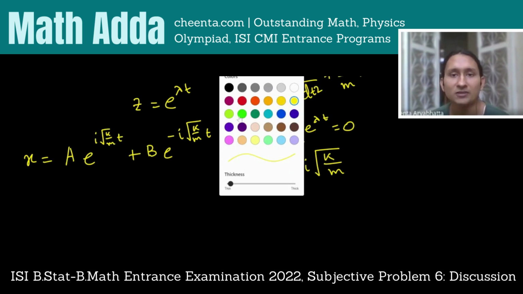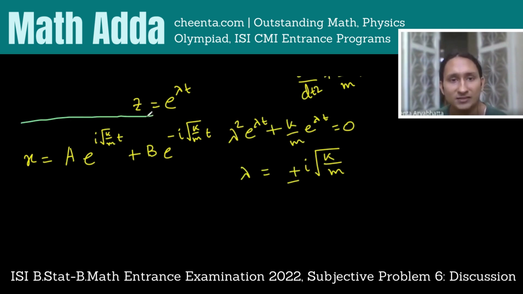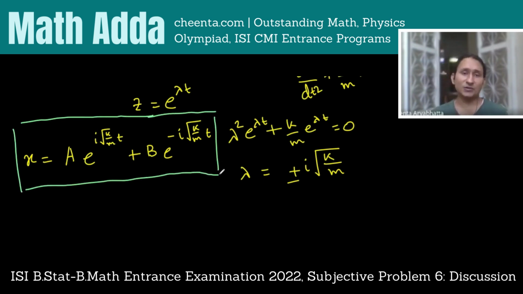Now, this should confuse you a little bit. At least it confused me when I first saw this, because it has complex numbers, and in general, x is going to be a complex number. But we are dealing with real objects, real displacements. So how to reconcile these two things? How can we make this a real number?